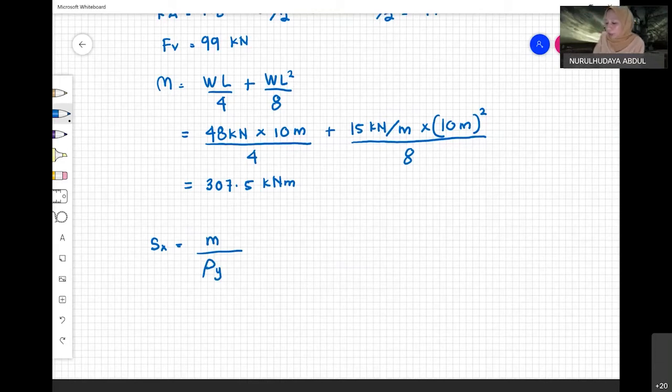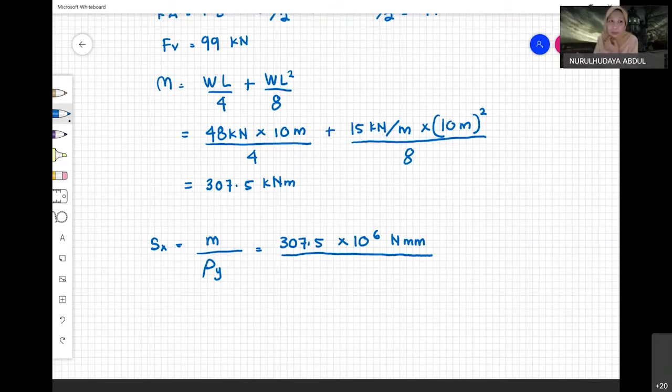Okay, so SX equal to M divided by PY. You have the value of M which is 370.5 darab 10 kuasa 6, tukar dia into Newton millimeter, and then kena bagi dengan PY. Okay, PY ni is steel strength. Steel strength ni macam mana you nak tahu? Kita tak perlulah nak assume.